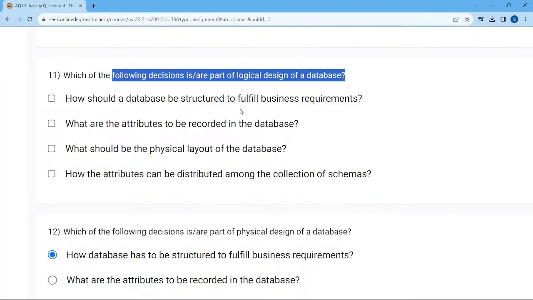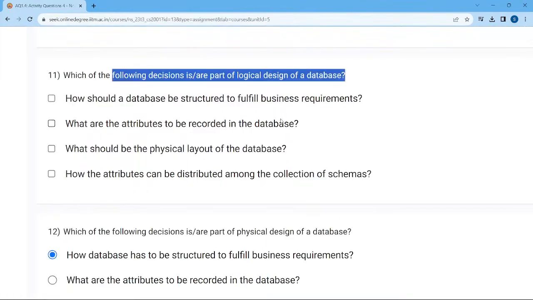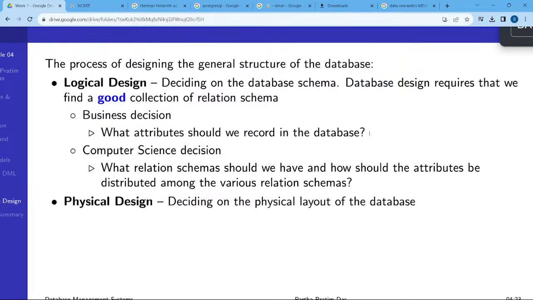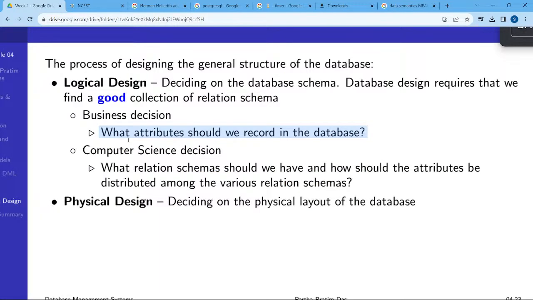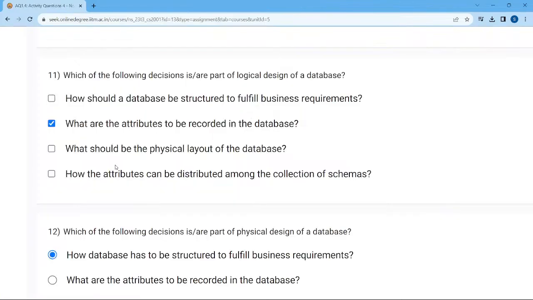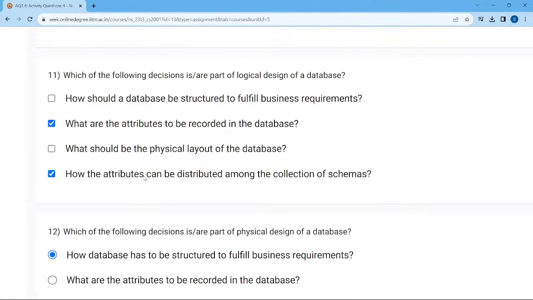How should a database be structured to fulfill business requirements? What attributes to be recorded in database? And what relations should we have, and how the attributes to be distributed amongst the collection of schema. What should be the physical layout? Is there something here about physical layout? No, there is nothing about physical layout.